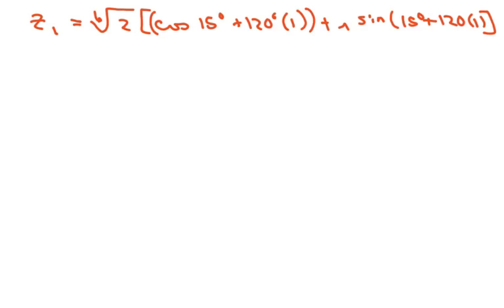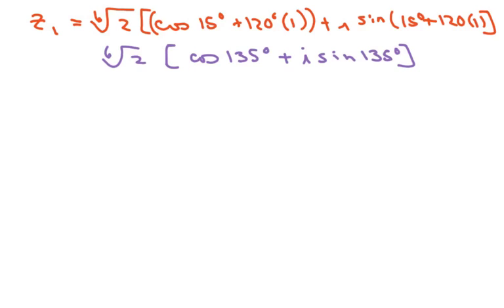And when you clean that up, you get the 6th root of 2 cosine of 135 plus i sine of 135.